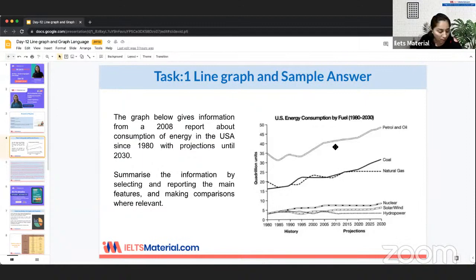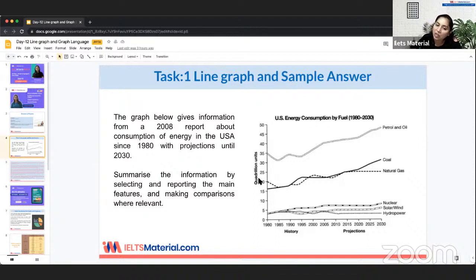When you talk about fuel, you clearly get many ideas, many nouns, the names of the fuels like petrol and oil, coal, natural gas, nuclear energy, solar energy, wind, hydropower energy. We have many. So can you give me the number of categories there are? There are 6 categories. And you can see the structure of each and every line is different. The design of each and every line is different.